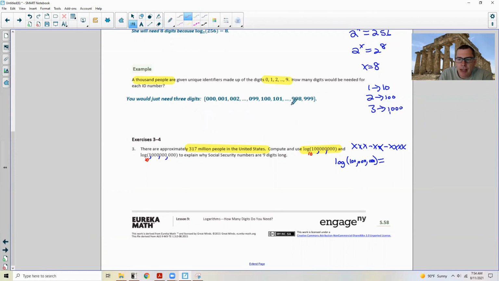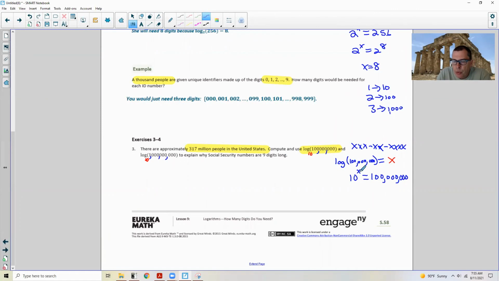So it is a base 10 function. So what I want to know is, if I have 1, 2, 3, 4, 5, 6, that's 100 million. If I want to take the log base 10 of 100 million, then that would mean 10 to some number equals 100 million.